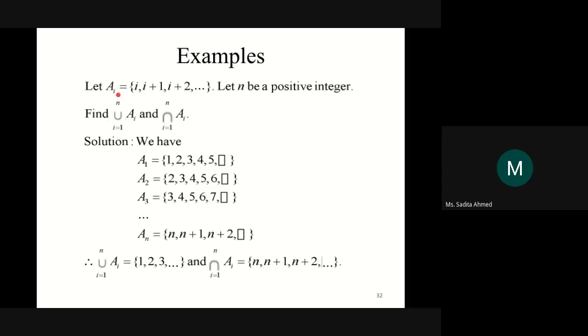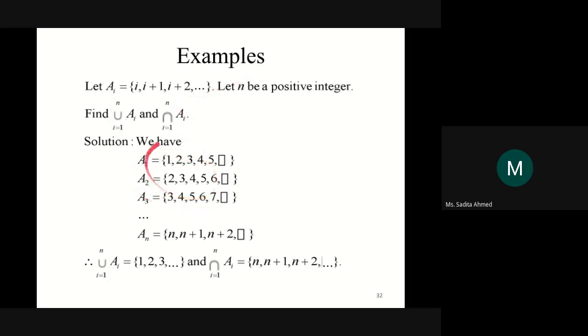We will start from 2 and then keep on incrementing: 2, then 3, then 4, and so on until infinity. The numbers that precede the index will be dropped. Then for A_3, i is 3, so we will start from 3.